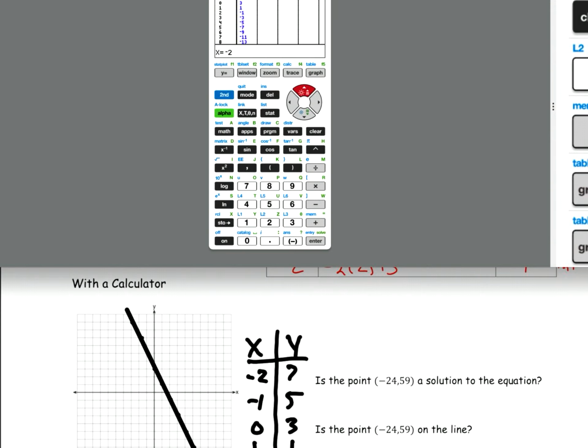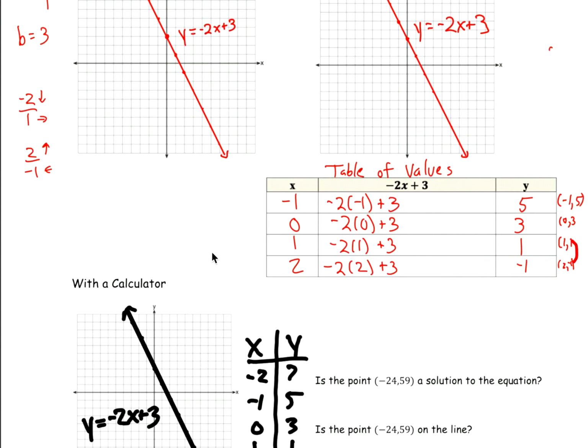Arrows on the end. Make sure you label y equals -2x plus 3. And that's all you would have to do if you're using the calculator. Notice it's the same exact line as the ones above, so you can really use either method.